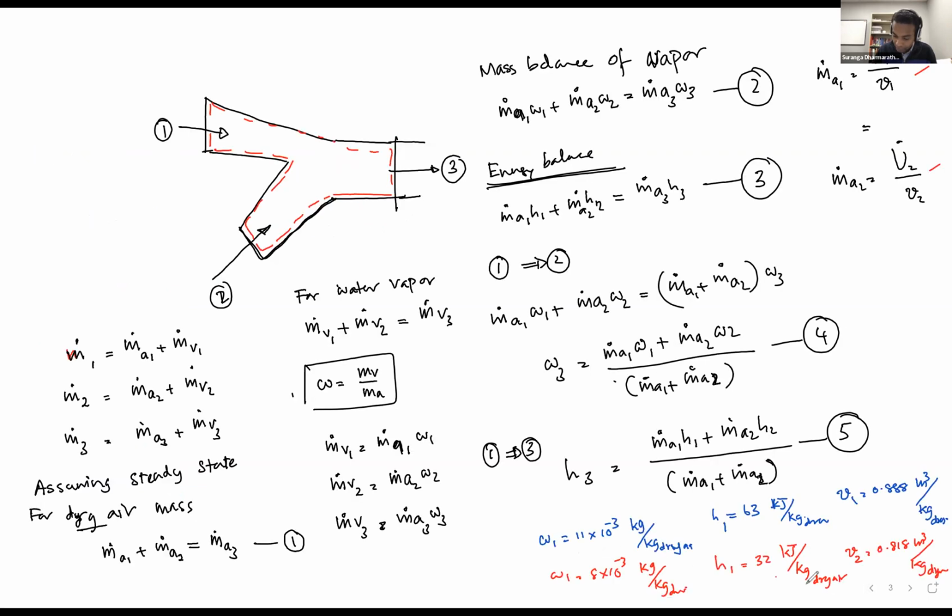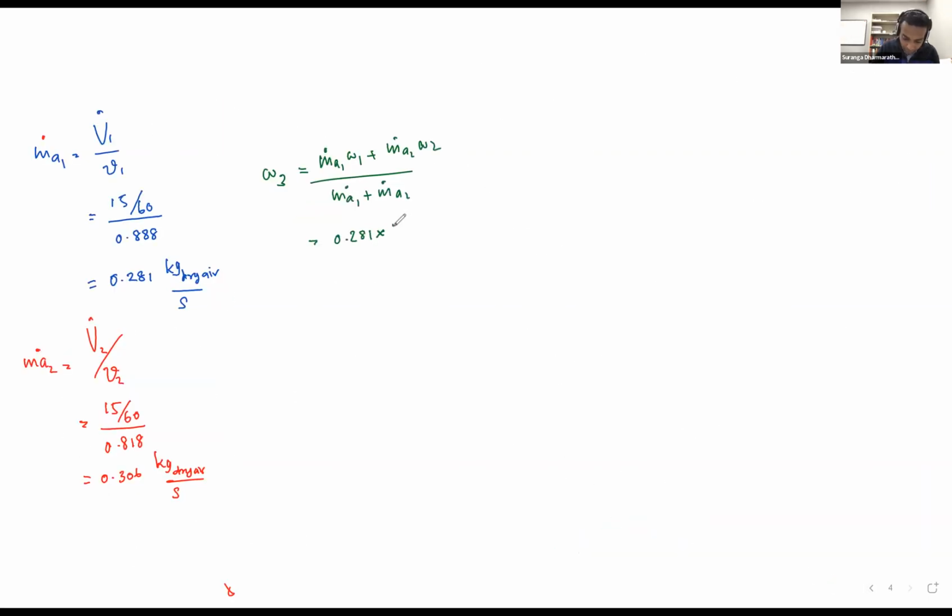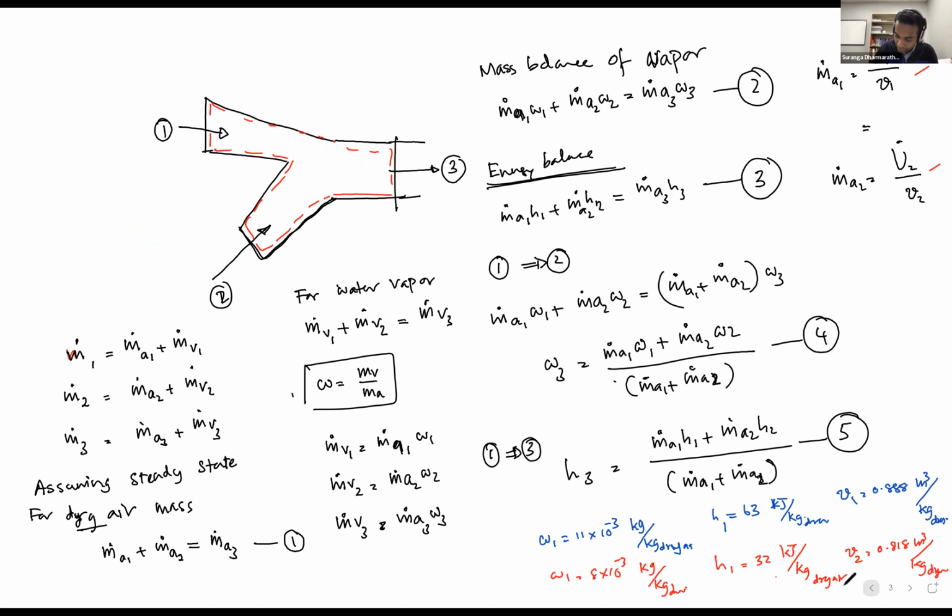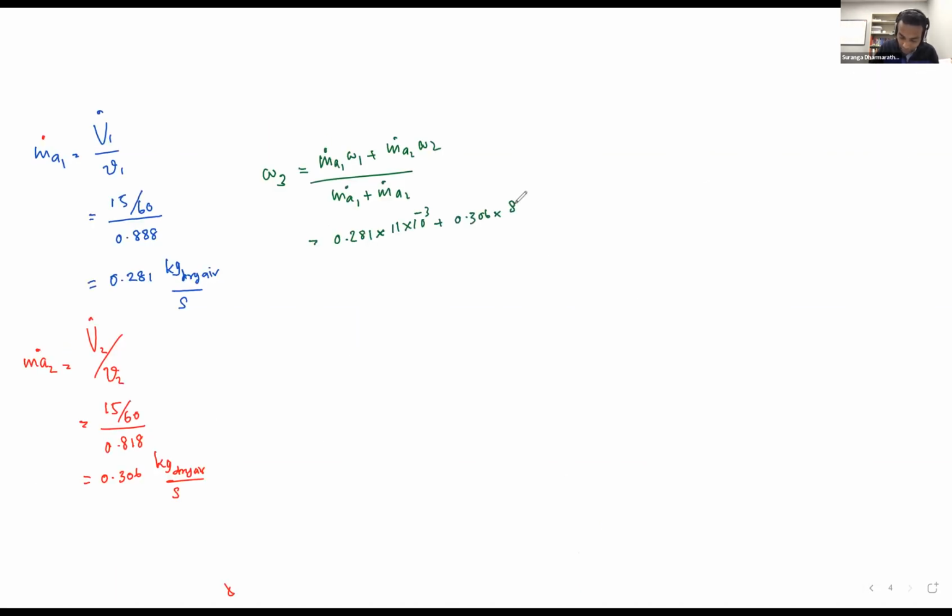Omega 1 is 11, so 11 times 10 to the power negative 3, plus MA2, 0.306, times omega 2, which we found is 8. Let's check again.